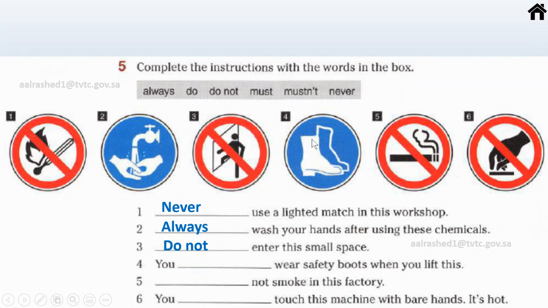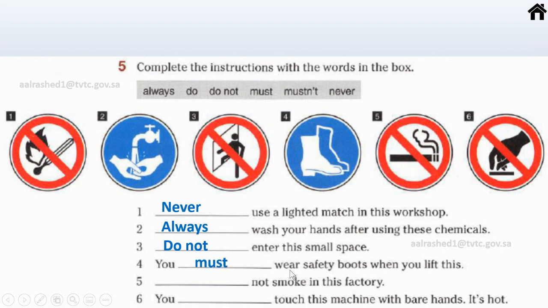4. This sign tells you to do something, and we are clearly seeing the subject you. As we said before, you should use must or mustn't. So this is a positive meaning. So we'd use the positive word.